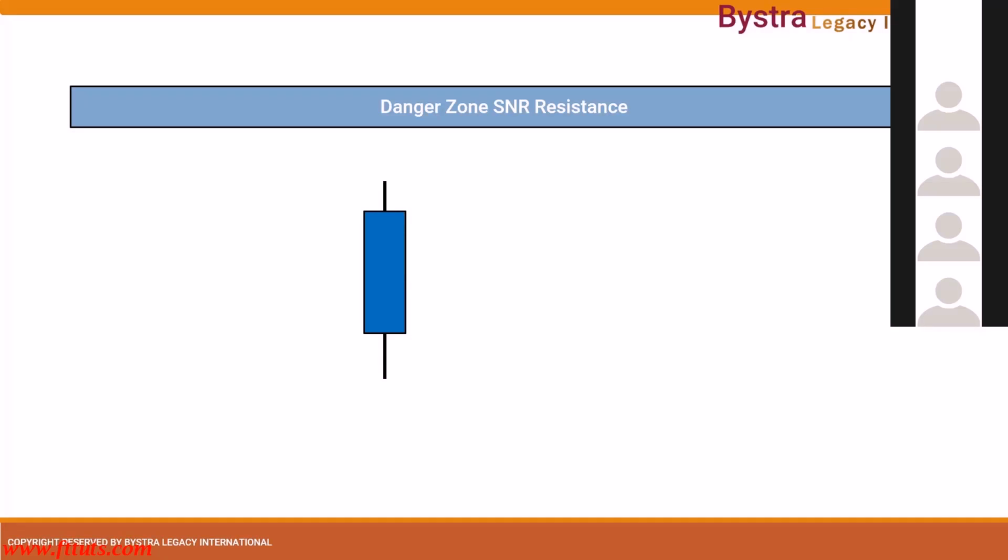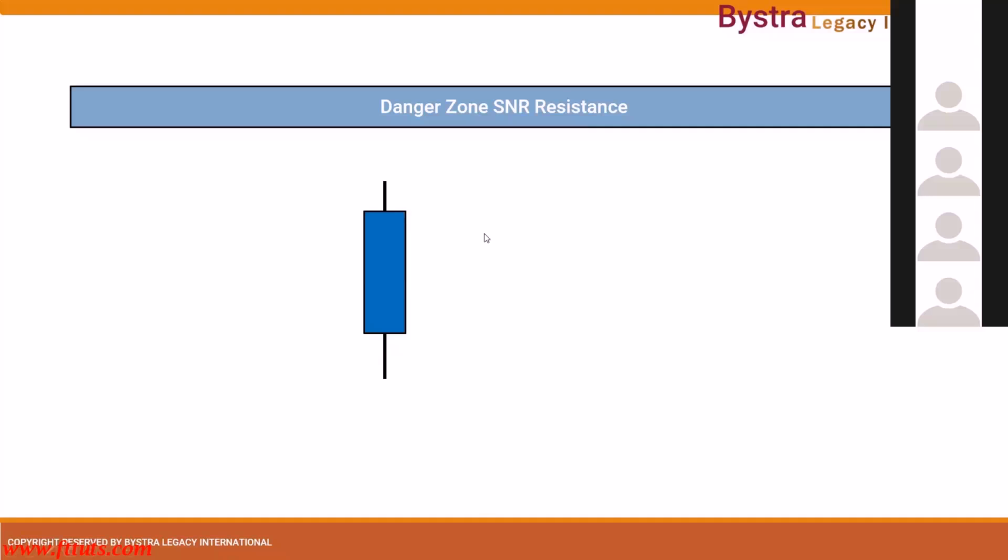Nothing below that. Okay, so those are very easy to mark your danger zone. So for gold, again, I repeat, H1, H4 during the non-volatility market, and don't forget your second movement. Very important. Any H1, H4 without second movement is very weak. All right. So come back to this slide here. So for example, there is a danger zone SNR resistance here. So this is a bullish candle, a bullish Marubozu candle on a higher time frame.